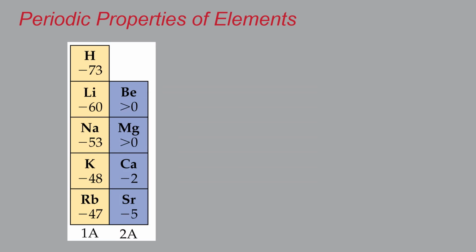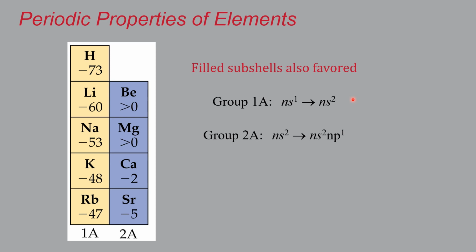Well, let's look at what's going on here. All the group 1 elements have configurations ns1, and if you add another electron, you go to ns2. It turns out that completely filled subshells are also a good thing for your average atom to have. Group 2, on the other hand, already has a completely filled subshell.